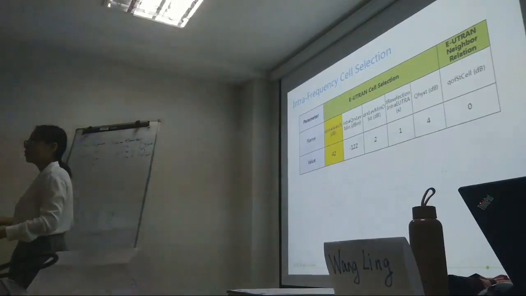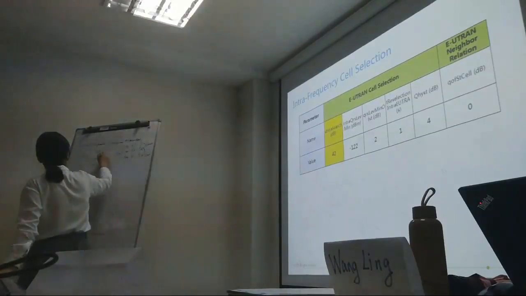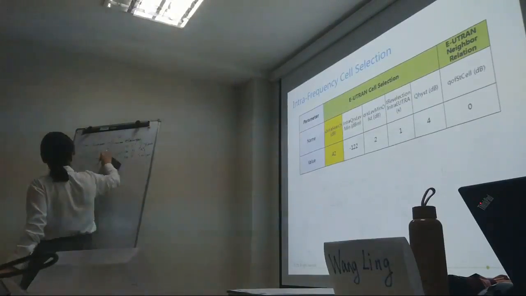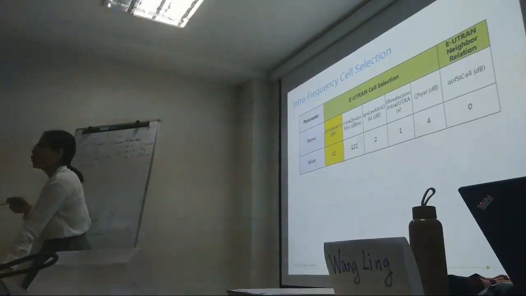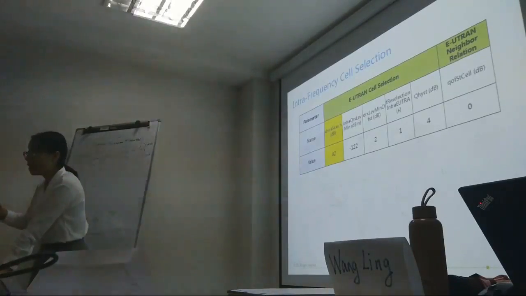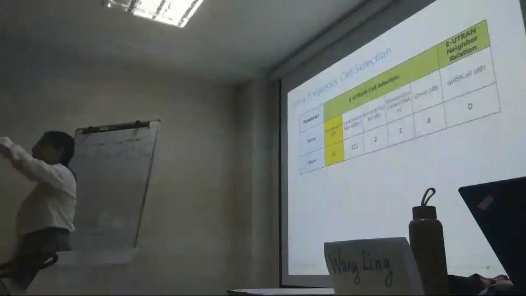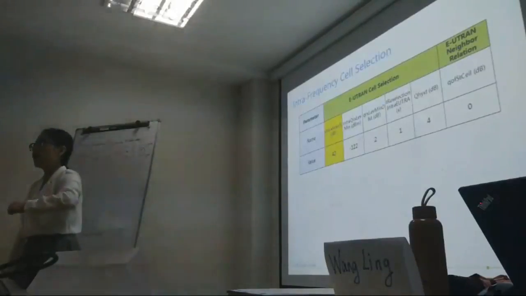I will go to the better one. So for same priority, we use ranking. If the neighbor cell is better than me, I can reselect it. If my neighbor cell is greater than the serving cell, I will select the first-ranked neighbor cell. This is the ranking, very easy.